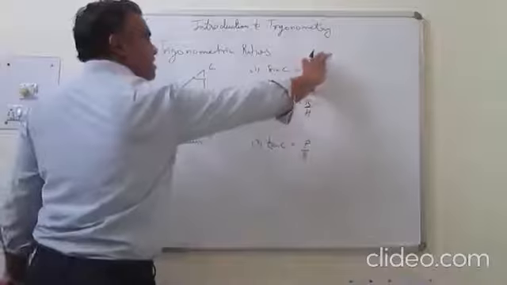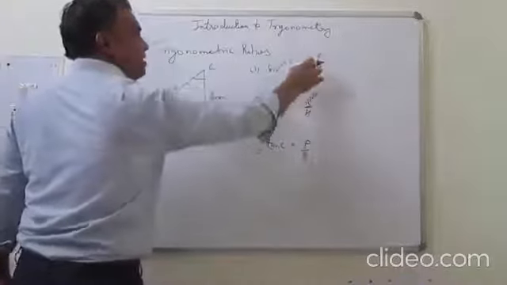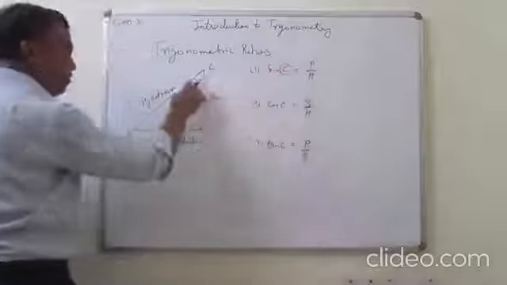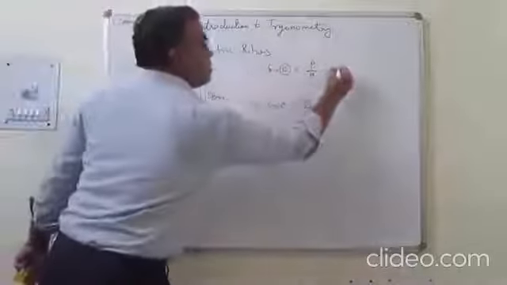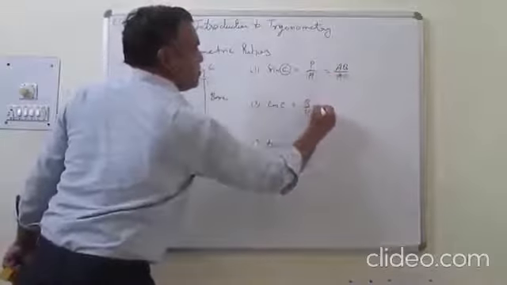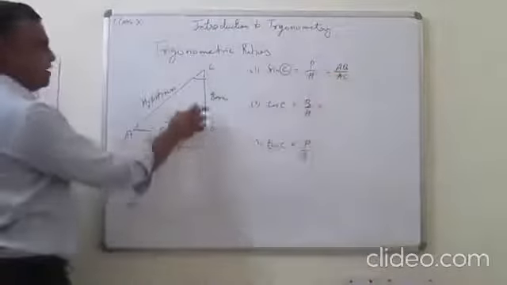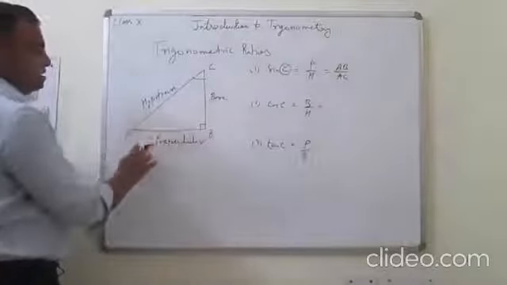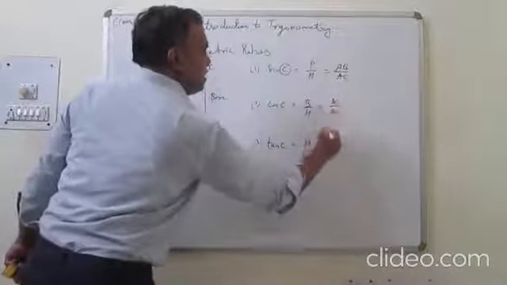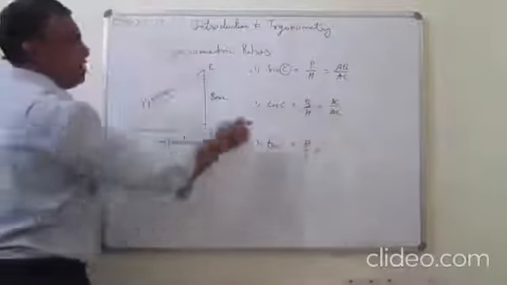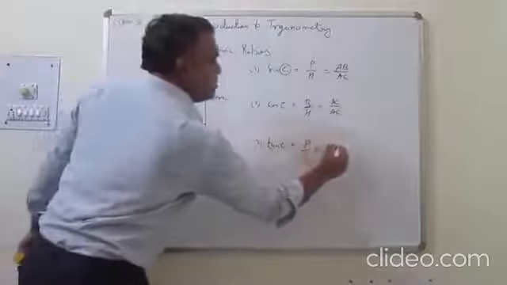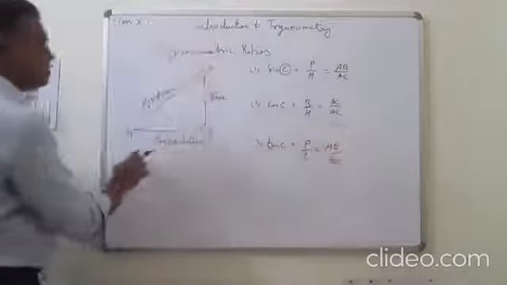Now the formula remains the same, P upon H, but here the perpendicular is changed. In sin C, the perpendicular is AB upon AC. Hypotenuse is the same. Base is BC upon AC, and tan C is AB upon BC.